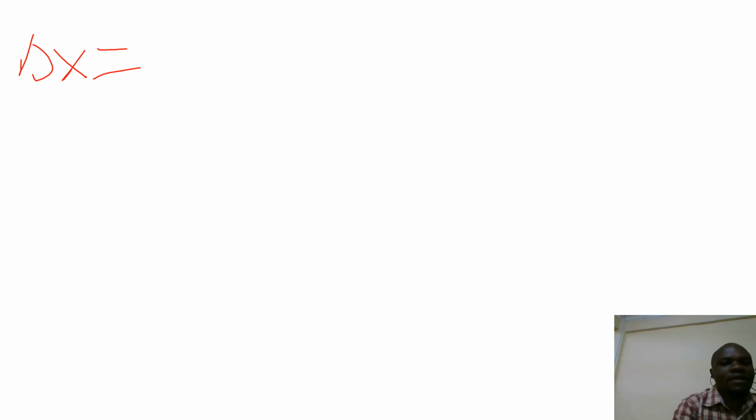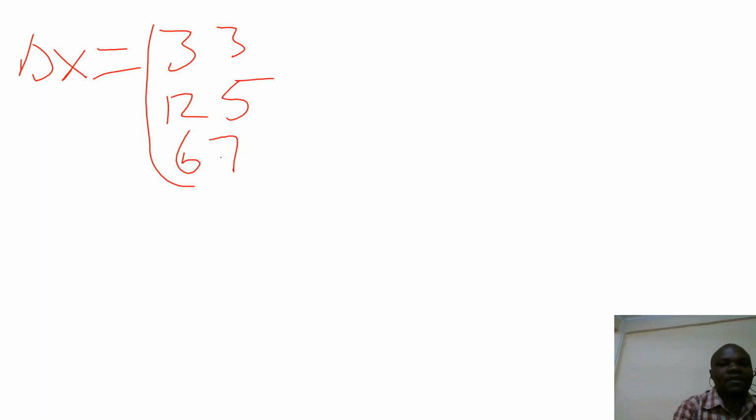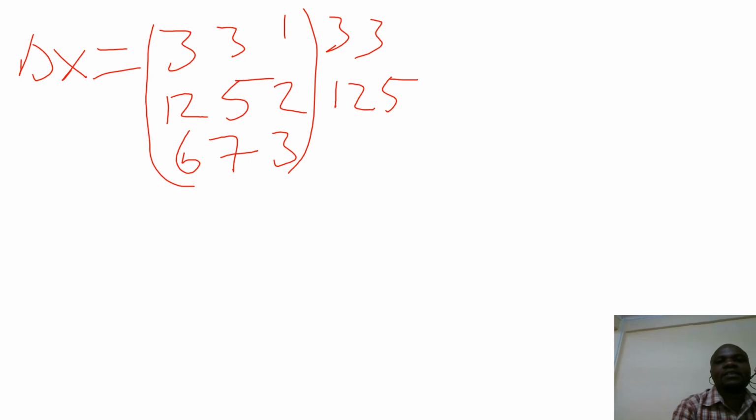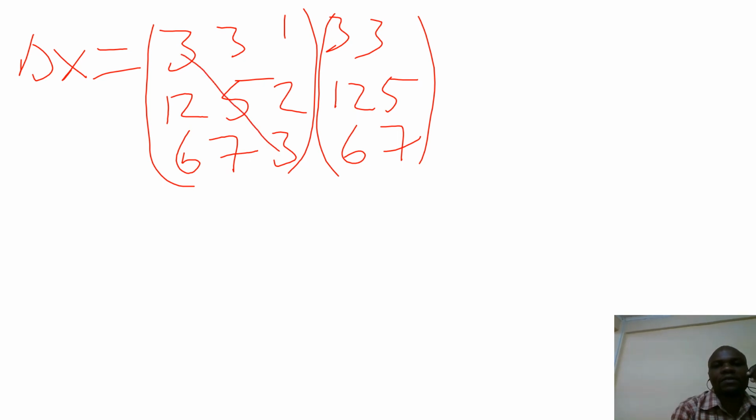So I'll have instead 3, 12, then 6, and the other columns don't change, so I have 3, 5, 7, and then 1, 2, 3, and then all these are multiplied with the first two columns here, which are 3, 12, 6, and then 5 and 7.